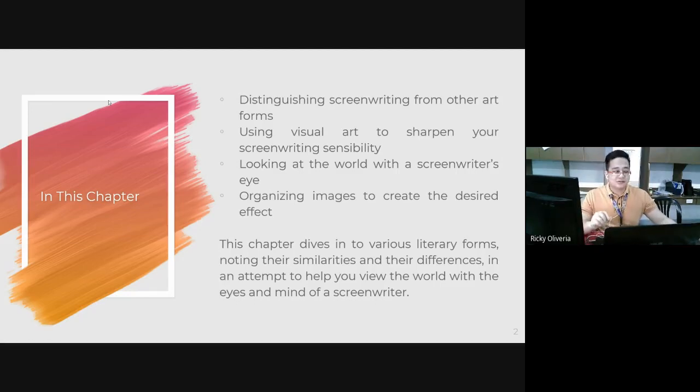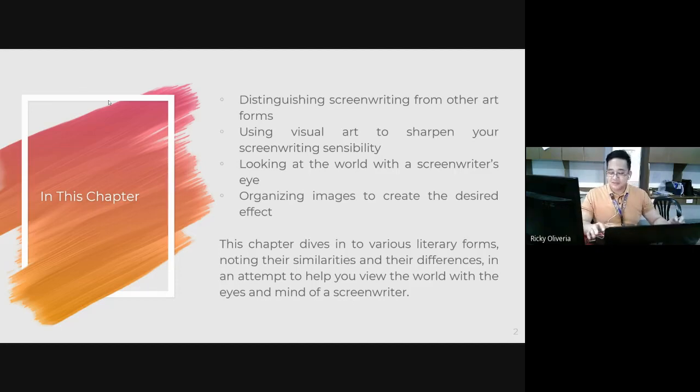In this chapter, we'll dive into various literary forms, noting their similarities. So maybe you will see here the different types of literature, art forms that are somewhat related to screenwriting.